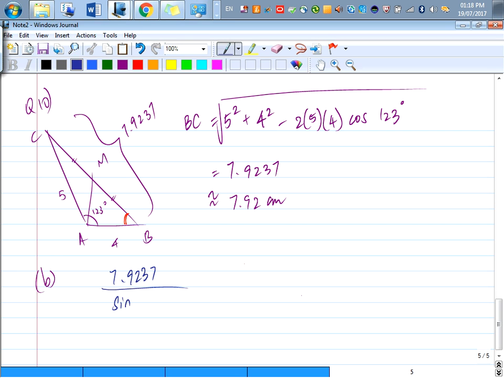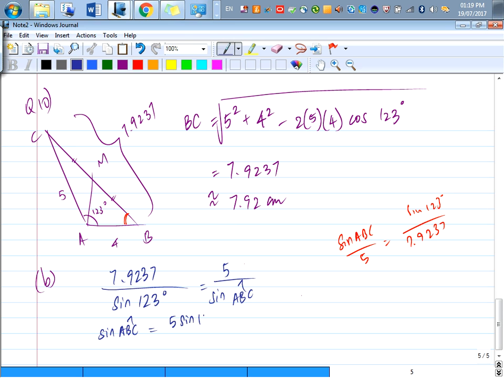Okay, so if I want to put the length on top, I will have 7.9237 over sine 123 degrees equals to 5 over sine ABC. Okay, so one equation with one unknown, you will find that sine ABC is going to be equals to 5 sine 123 degrees over 7.9237.